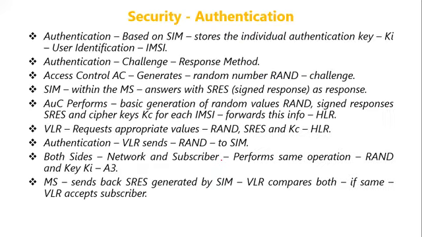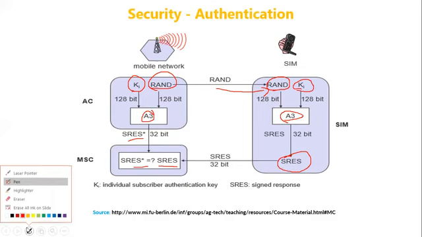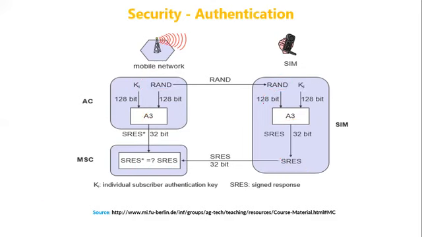Here the SIM creates SRES in response to the challenge, and the MSC also generates the same SRES. If both match, the user is allowed to access the GSM; otherwise, he is not allowed.